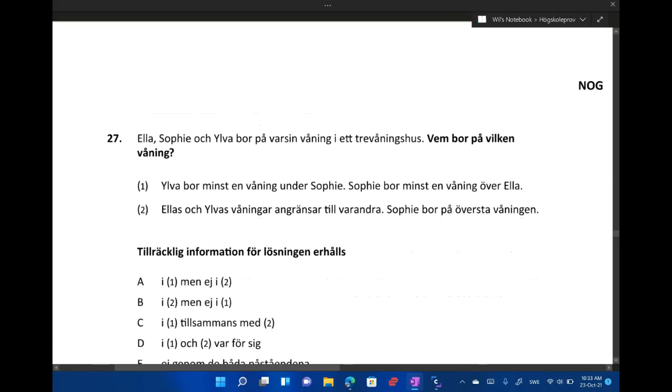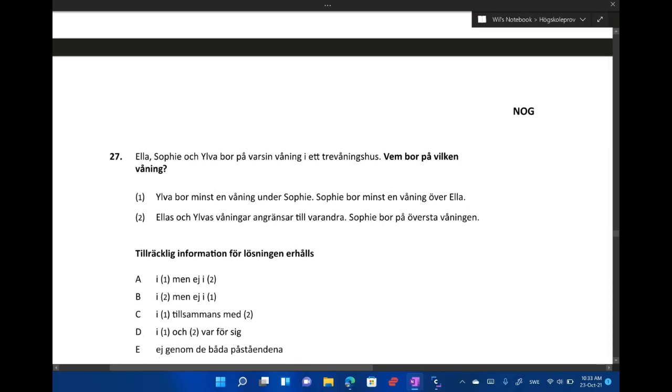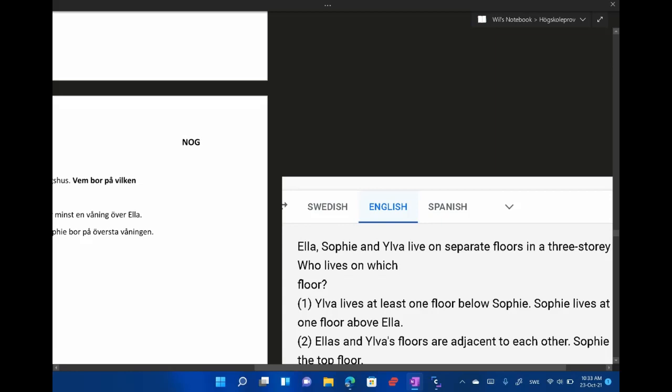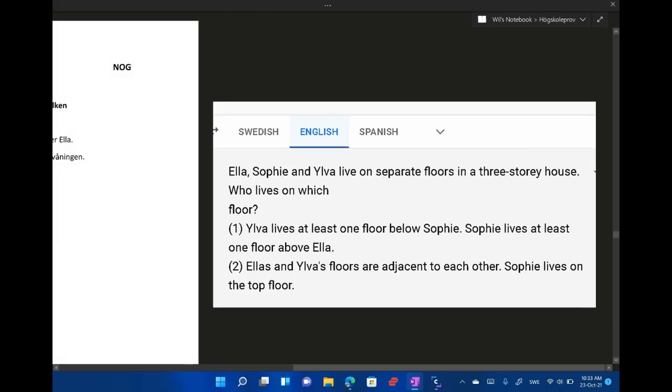Number 27. So I had to Google Translate this one as well. It says Ella and Sophie and Ilva live on separate floors in a house. Who lives on which floor? It says that Ilva lives at least 1 floor below Sophie.